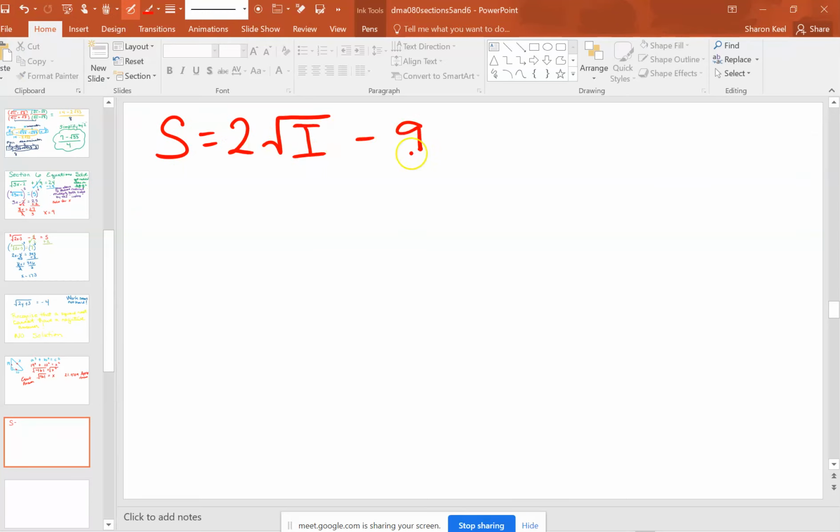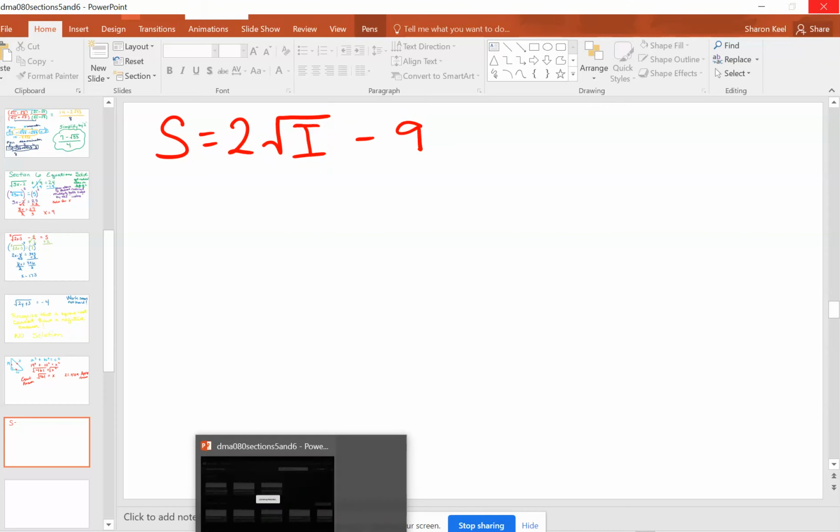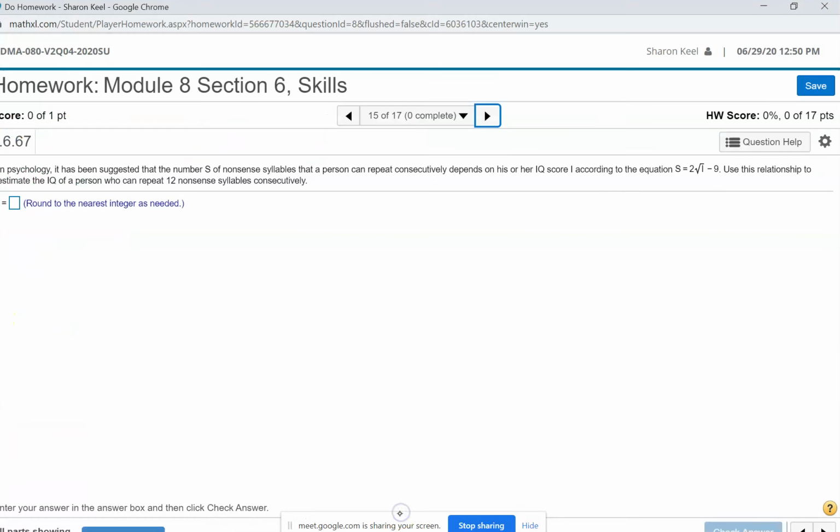In psychology, it's been suggested that the number S of nonsense syllables that a person can repeat consecutively depends on his or her IQ score, I, according to this equation. Use this relationship to estimate the IQ of a person who can repeat 12 nonsense syllables consecutively. Round to the nearest integer as needed. So they're saying round to the nearest whole number when they say integer.